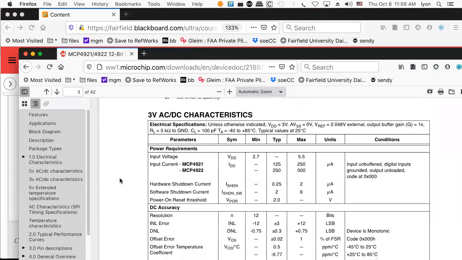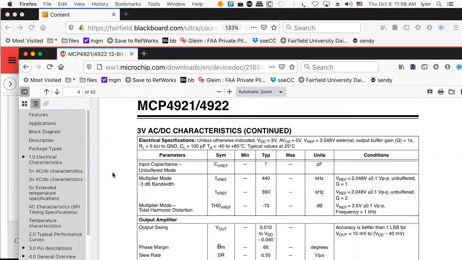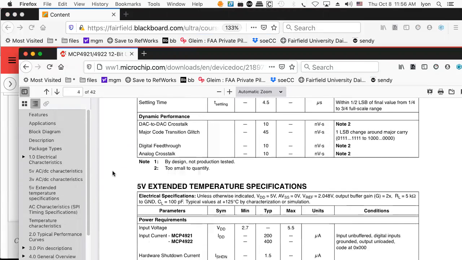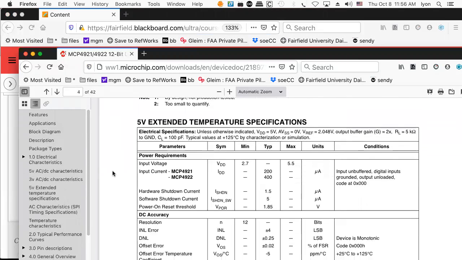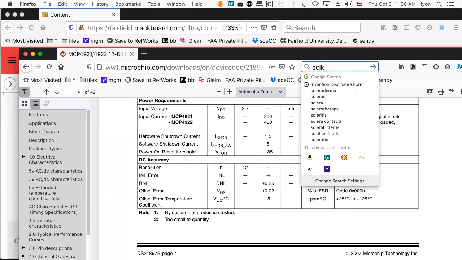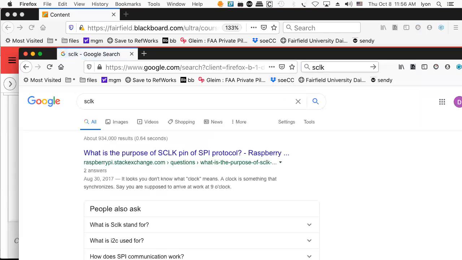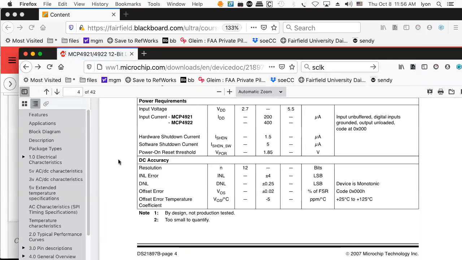And that would be something in here, I imagine. What would they call it? I believe it's 20 megahertz on this data sheet. And is it SCK, serial clock? I think it's just SCK.